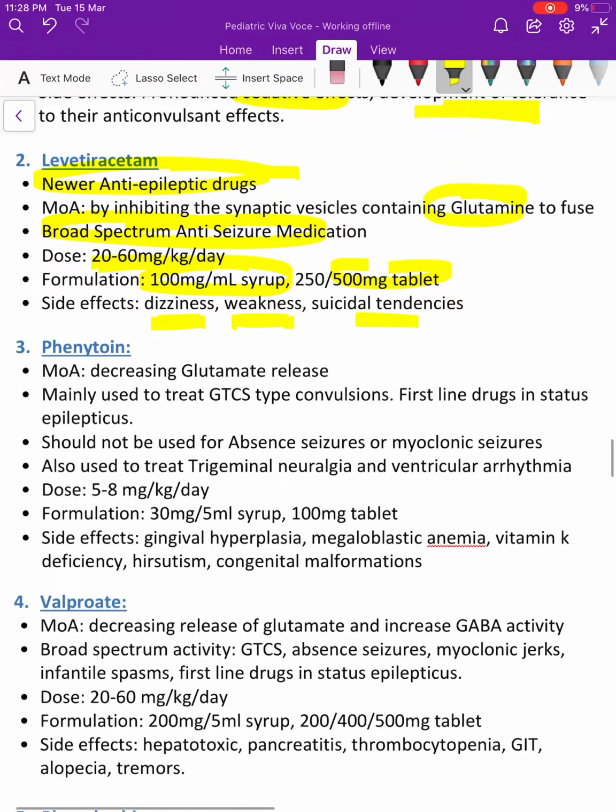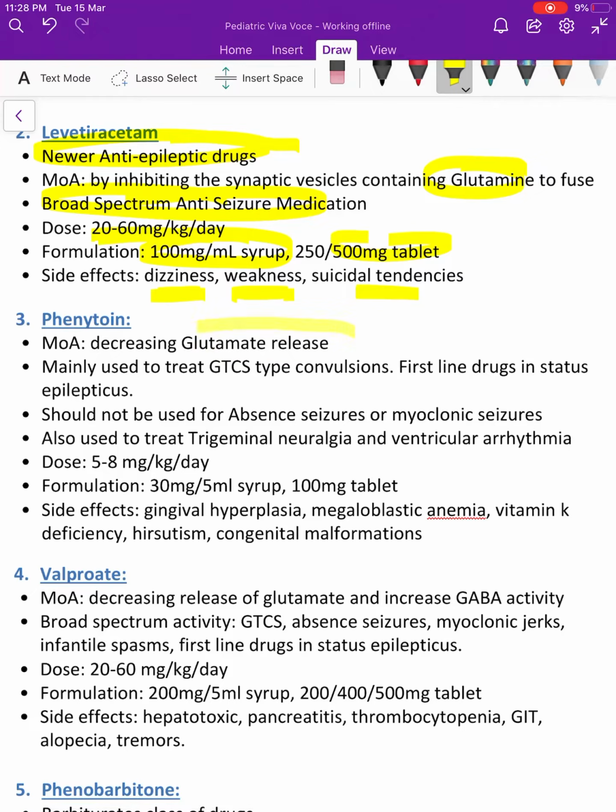Next is phenytoin. They act by decreasing glutamate release, mainly used to treat GTCS type of convulsions, and it is one of the first line drugs in status epilepticus. Phenytoin should never be used in case of absence seizures or myoclonic seizures because it will exacerbate them.